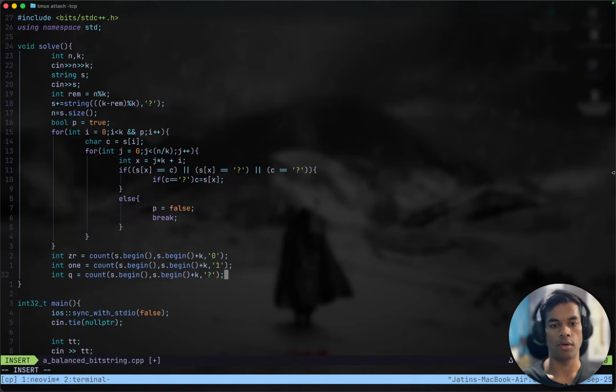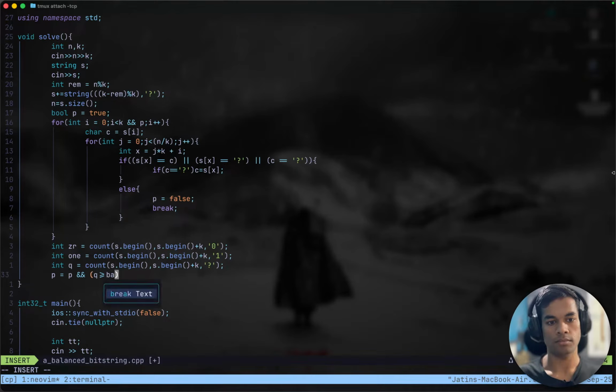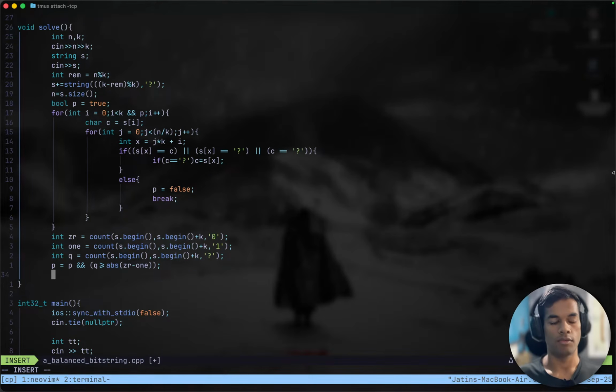And p equals p, and p has to be true, and also q, the number of question marks that we have, has to be greater than or equal to the absolute difference of zr minus 1. If that is true, then depending on p, we output yes or we output no.